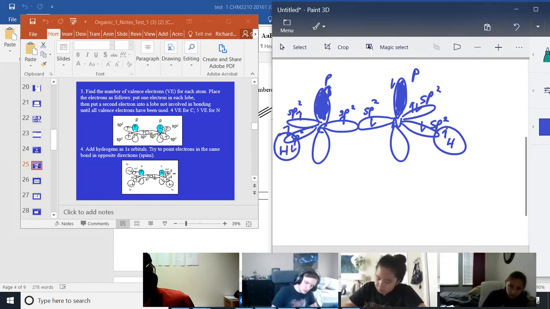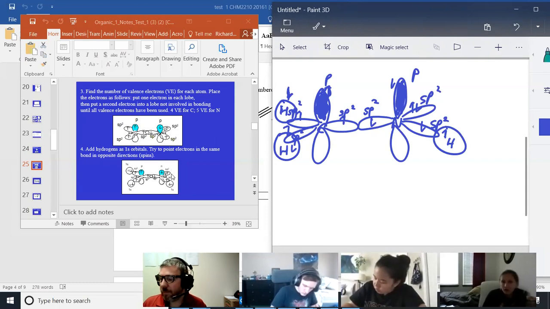And again, we put in the electrons so that they are opposite to the ones that are already in the orbital. All right, so we put our hydrogens on, and then we can add the kinds of bonds that we're dealing with.